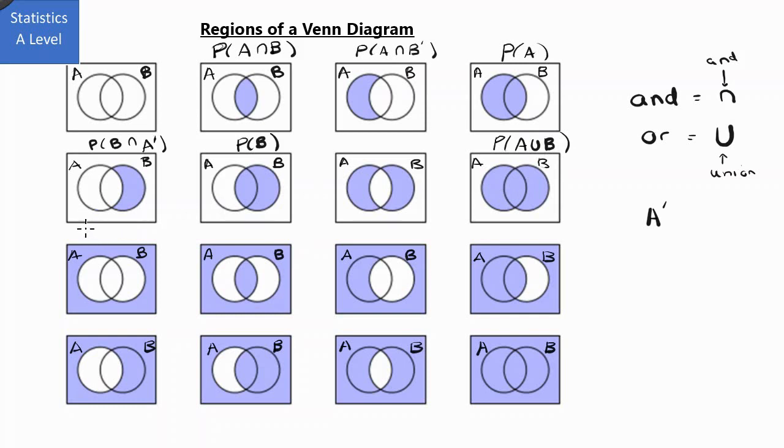Now this one it's like this, except it's the opposite, isn't it? Everything that's shaded here is white here, and everything that's white here is shaded here. So to write the opposite, you write the same thing again, probability of A and B not. So this is reversing that. Again, this one we'll come back to.